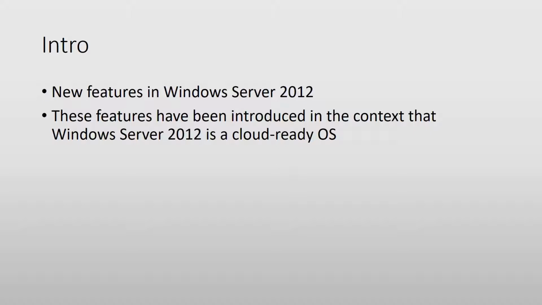But they needed to also add some stuff for application creation, mainly for web apps. So these two new features that we are discussing today are for the IIS web server.